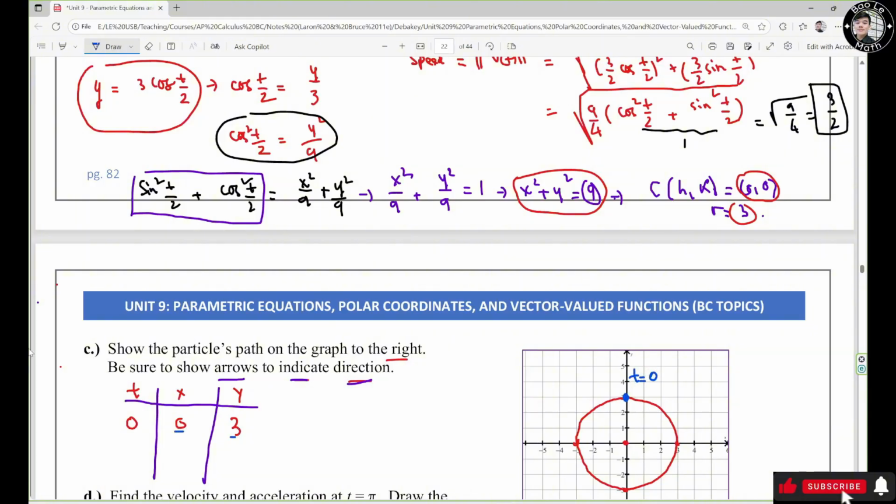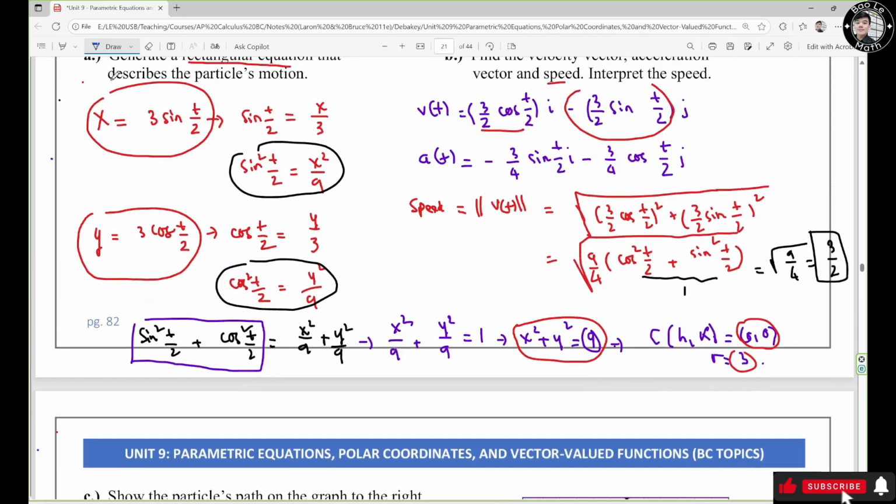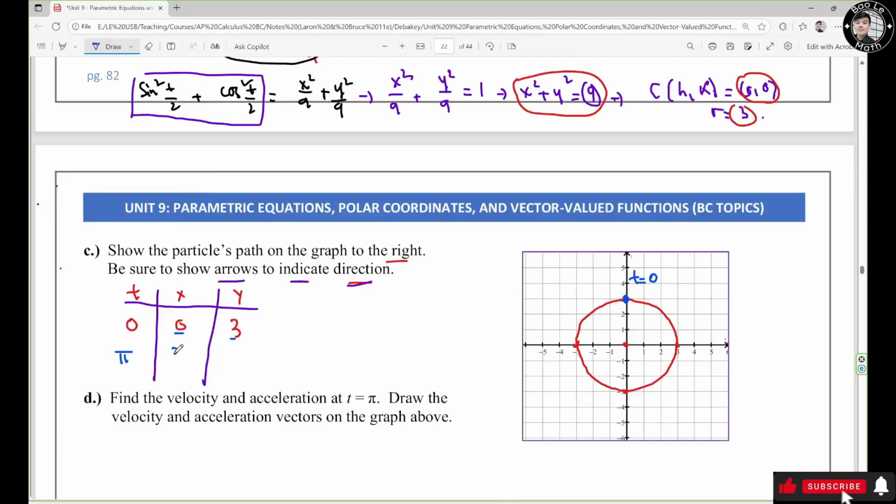Now we're going to plug in the second value, t equals pi over 2. The reason I take pi over 2 is because if you substitute it over here, it gives you a nice angle. So x equals 3 sine pi over 2. Sine pi over 2 equals 1, so x equals 3.